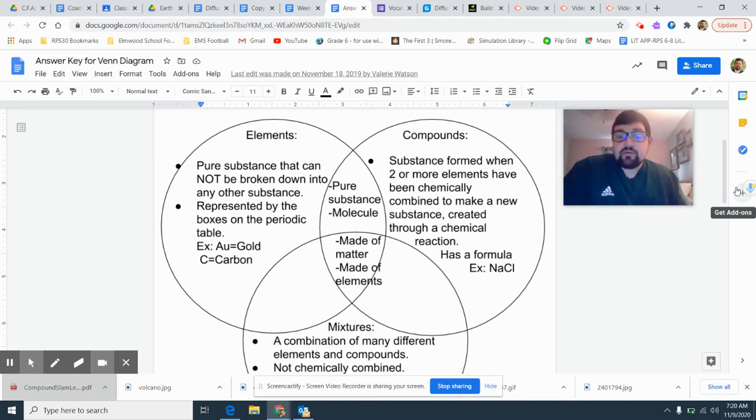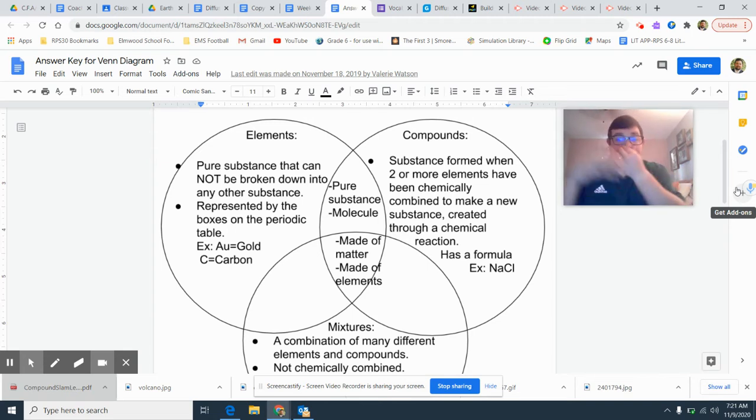A compound also can be a molecule, just like an element. All compounds aren't molecules. And just so you know, a molecule is when you have basically non-metals that come together in a compound. But you can have a molecule that's an element like hydrogen, helium, or even oxygen.